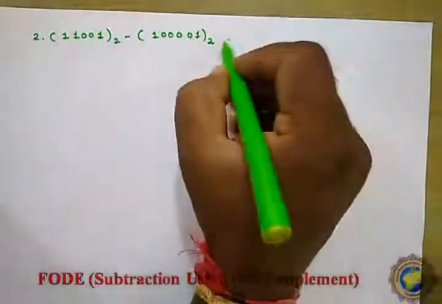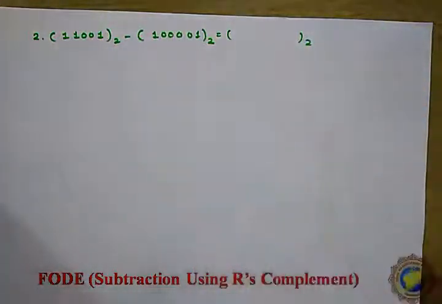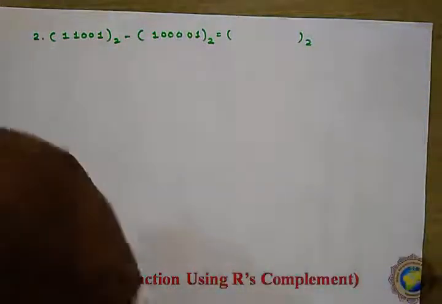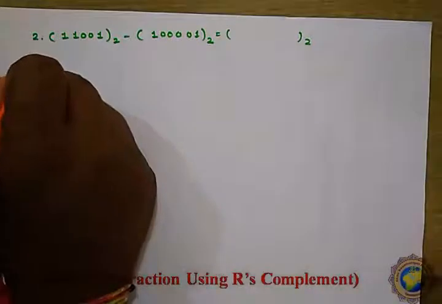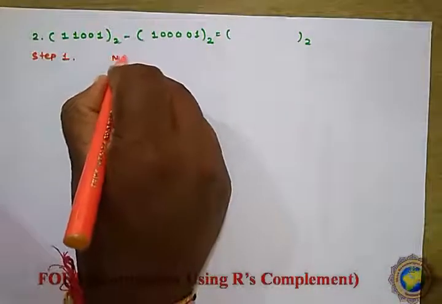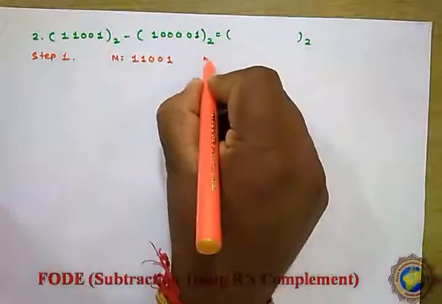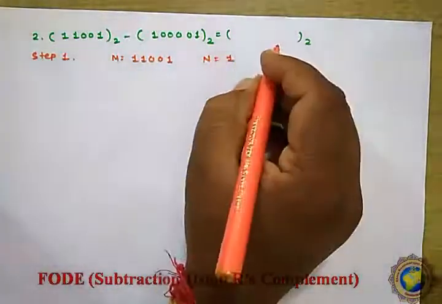Okay, this is our number. What is the answer? So first, step number 1: decide m and n. The first number is m, that is 11001. What is n?